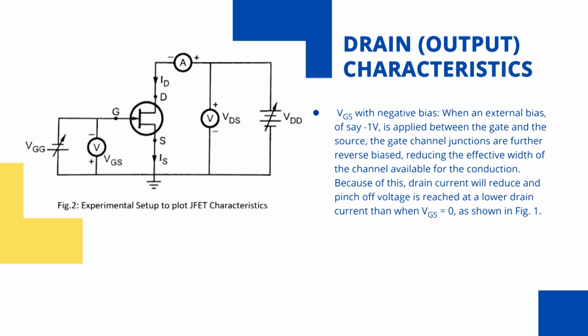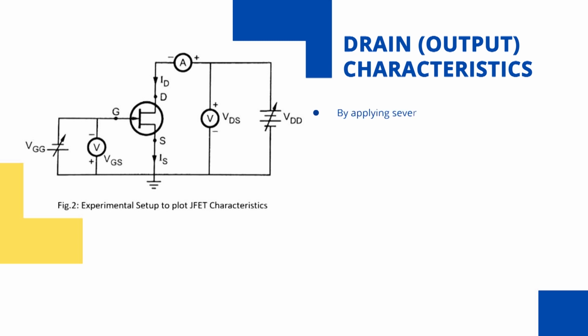Because of this, the drain current will reduce and pinch off voltage is reached at a lower drain current than when VGS equals 0. This is shown in figure number 1.